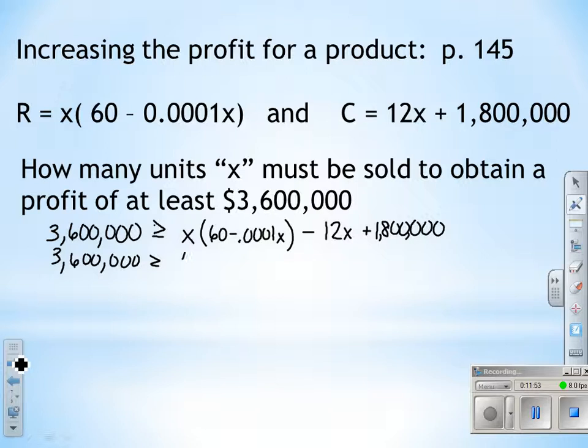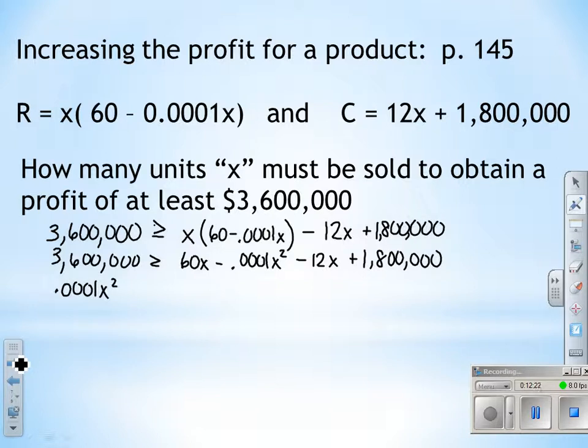Distributing the x here, we now have 60x minus 0.001x squared minus 12x plus 1,800,000. Bringing everything over to the left-hand side so that our x squared is positive, we're going to have 0.001x squared.